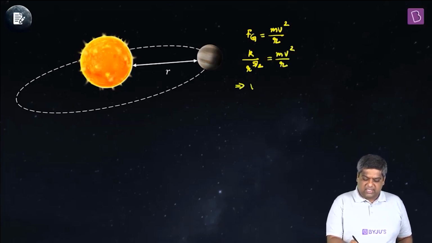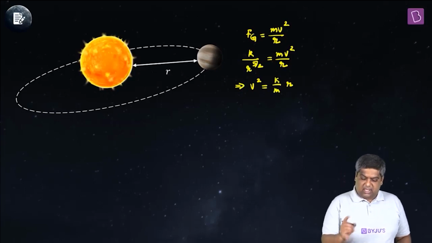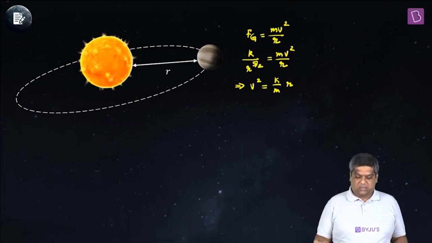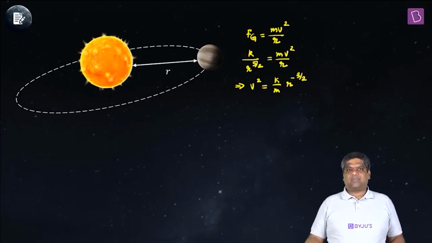So upon rearranging, I get v squared is equal to k by m into r to the power 1 minus 5 by 2, correct? r divided by r to the power 5 by 2 will become r to the power 1 minus 5 by 2, which is r to the power minus 3 by 2.